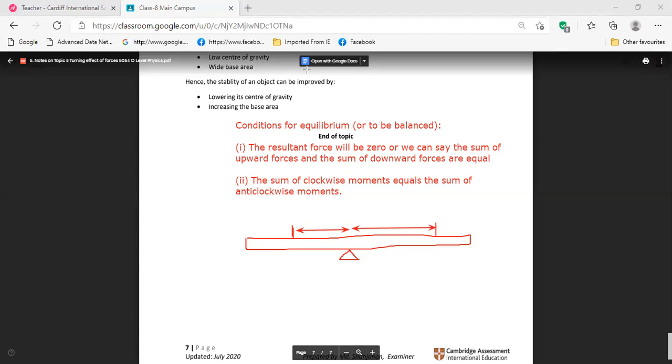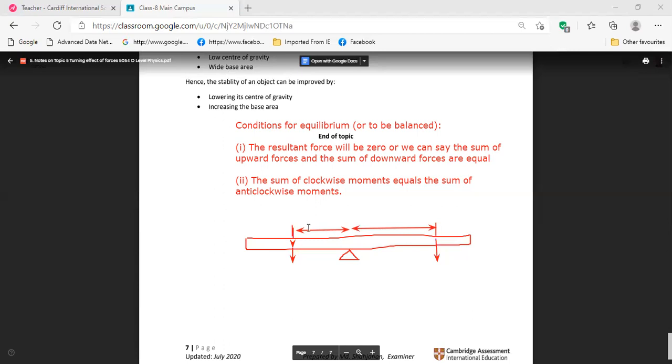So you think of this one. The left side one is F1. This weight is working here. This is F1. This one is F2. And the left side one is D1 and the right side one is D2.